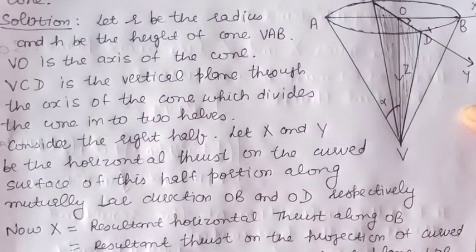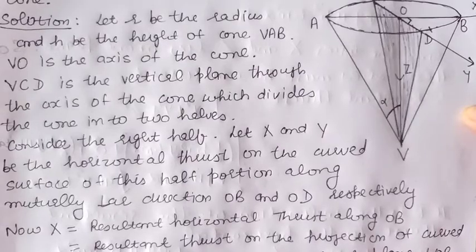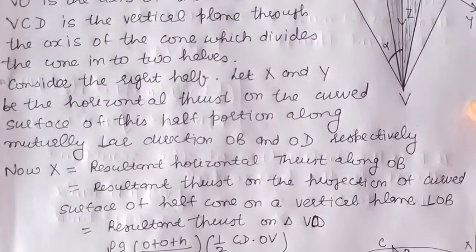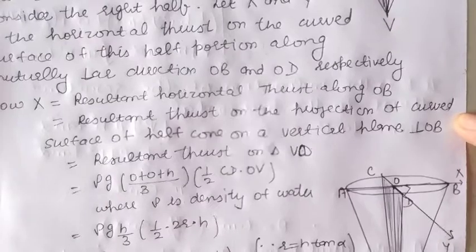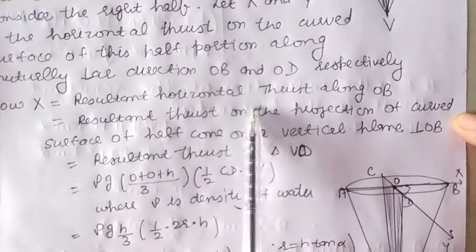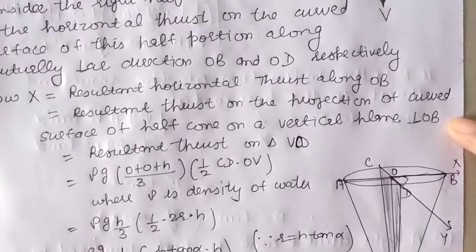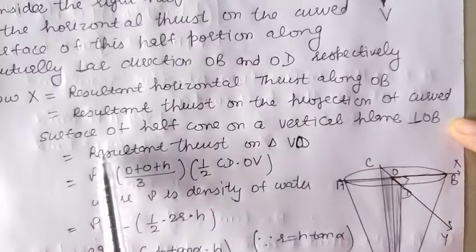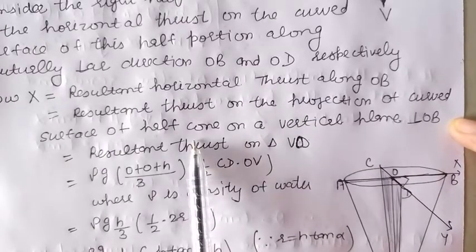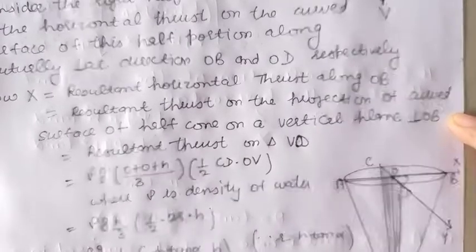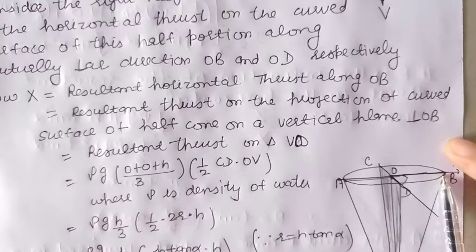Now let us find the value of X and Y. By definition, X is the resultant horizontal thrust along OB. It means it is the resultant thrust on the projection of the curved surface of the half cone on the vertical plane which is perpendicular to this line.